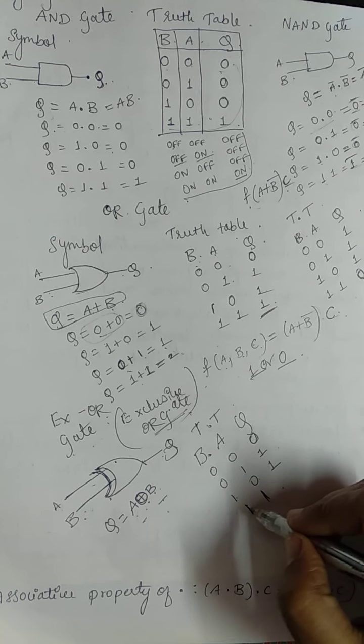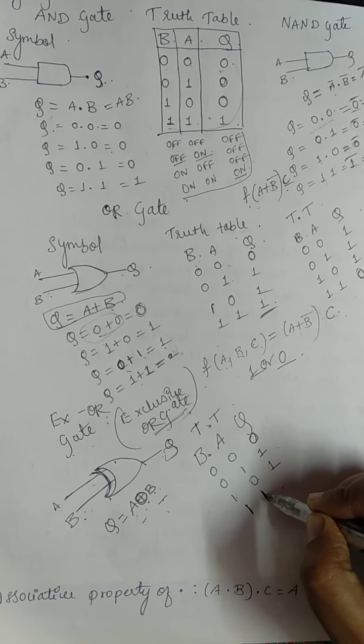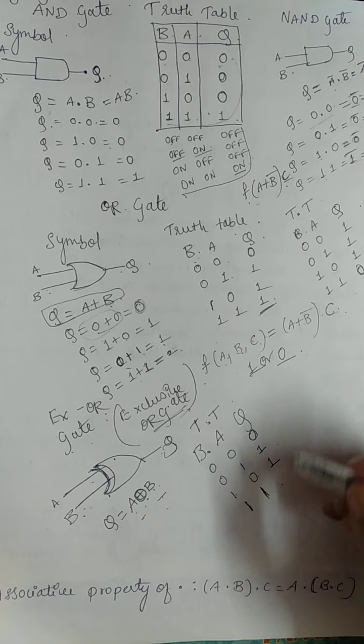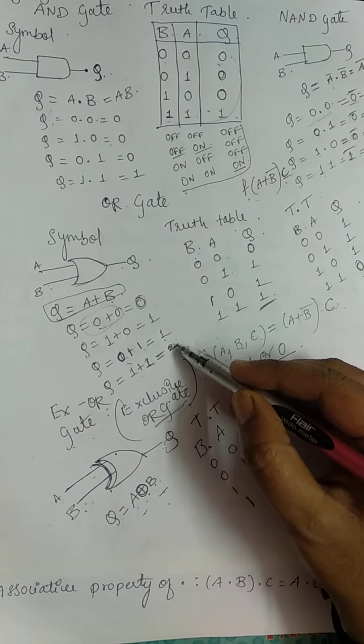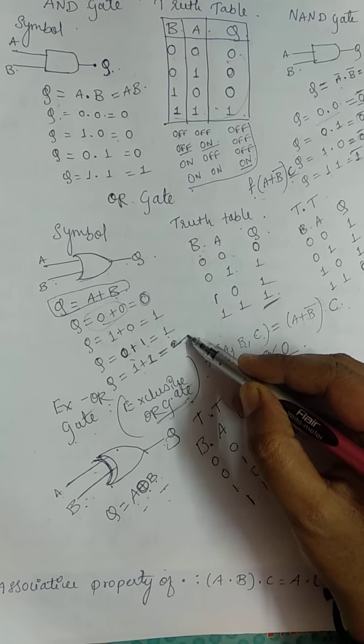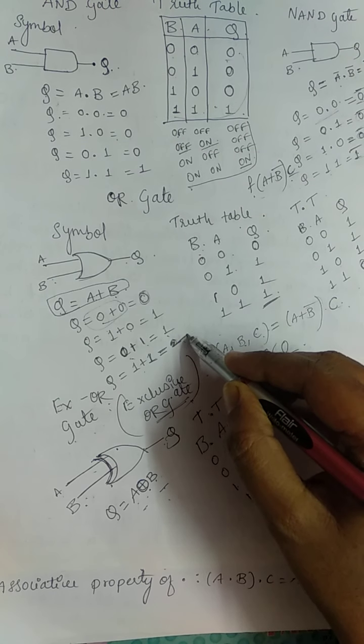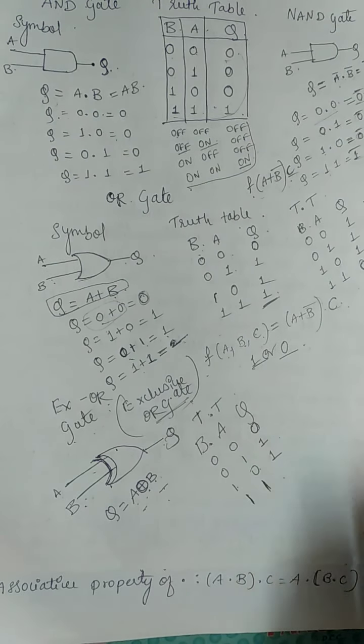If we do 1 plus 1, as I said in the OR gate, it will become 2, but it will not give the even number. It will give the odd number.